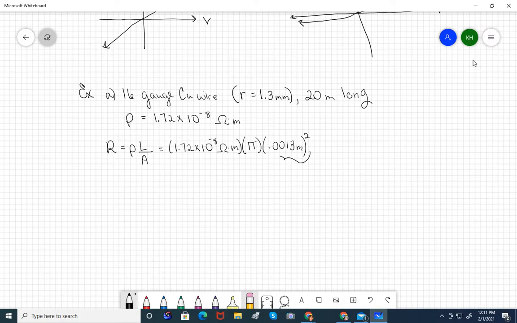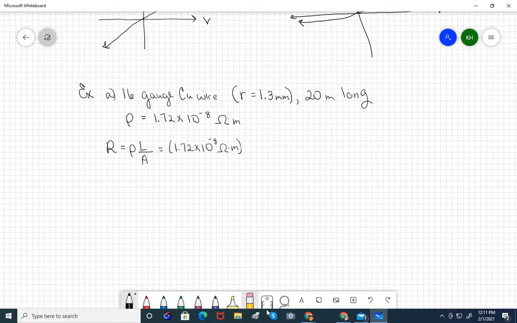That's our area right there. And then we're going to need to divide this by the length. Oh, I did that wrong. I don't want to start this video over, so you're going to have to forgive me. Sorry. The formula is length over area. I think I was thinking of capacitors for a minute, putting the area on top.